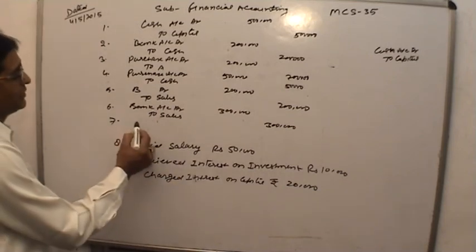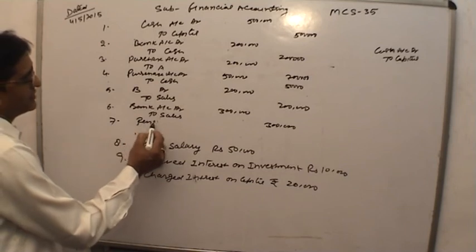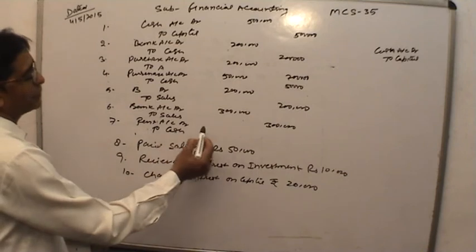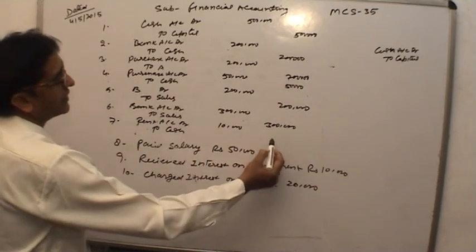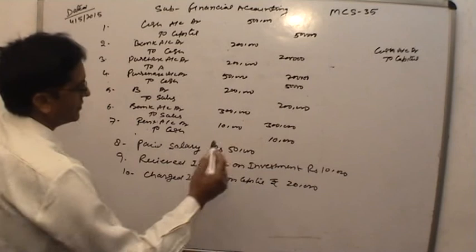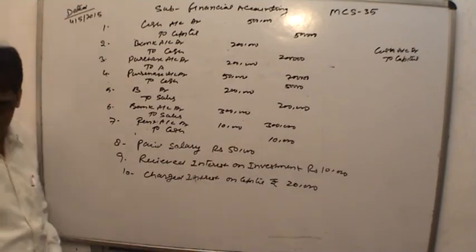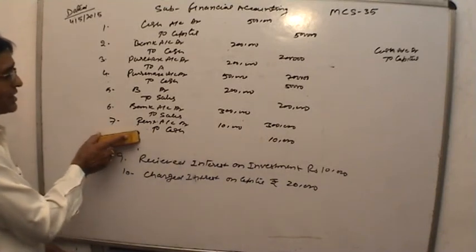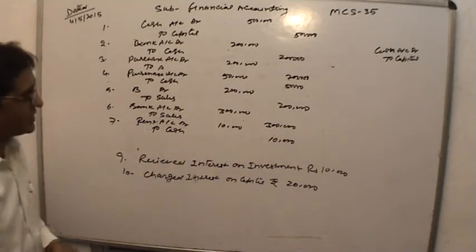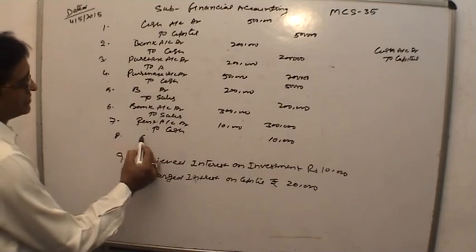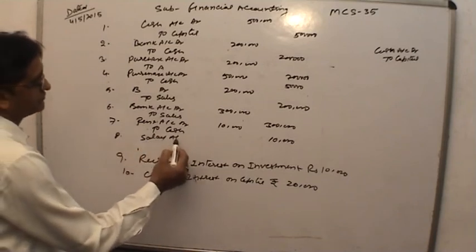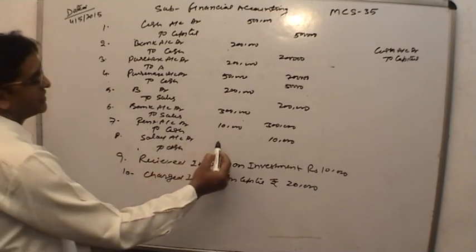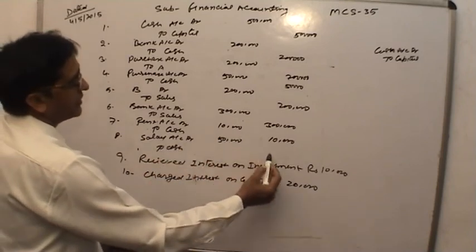So the journal entry will be rent account debit to cash by rupees 10,000 and 10,000. Then paid salary. Salary is also a nominal account, and the same entry will be passed: salary account debit to cash by rupees 50,000 and 50,000.